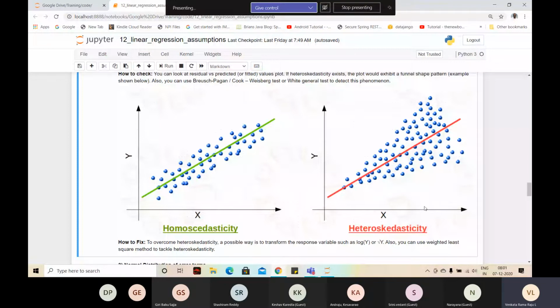When you have heteroskedasticity, your plot will look like a funnel. See this? It looks like a funnel. Funnel, in our childhood, a kirana shop used to use it. So why did this funnel shape come? Can anybody explain?